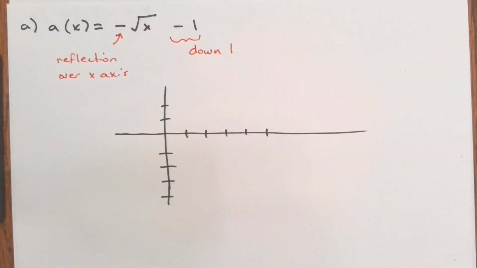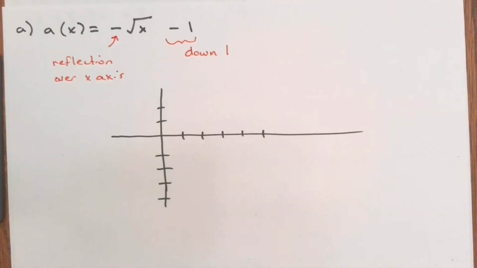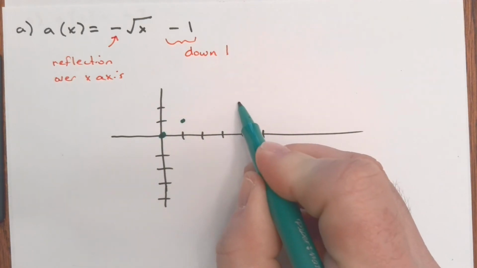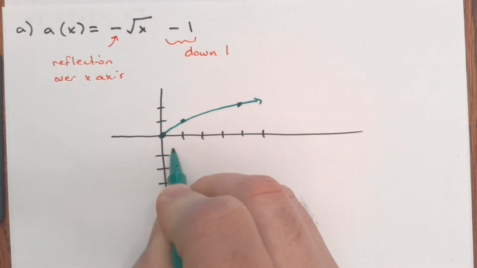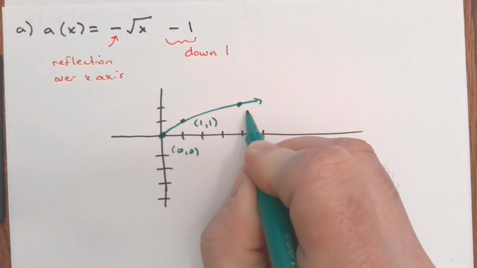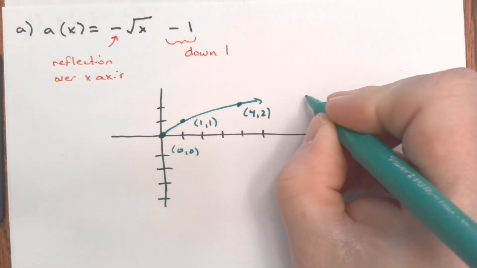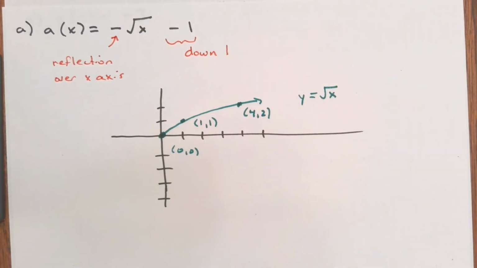So I'm going to do this as a series of a couple of different graphs. So first off, here is our parent function graph. That goes through the point 0, 0, through the point 1, 1, and through the point 4, 2. This is the equation y is equal to the square root of x. That's our parent function graph.